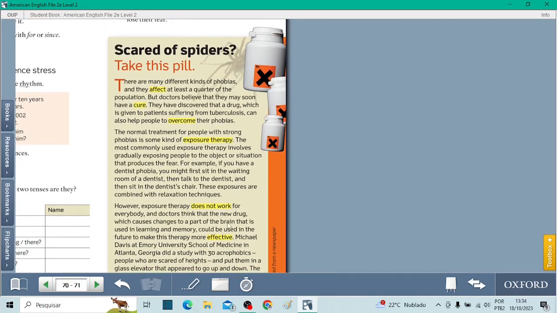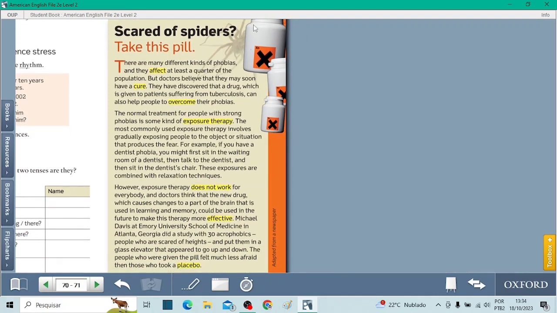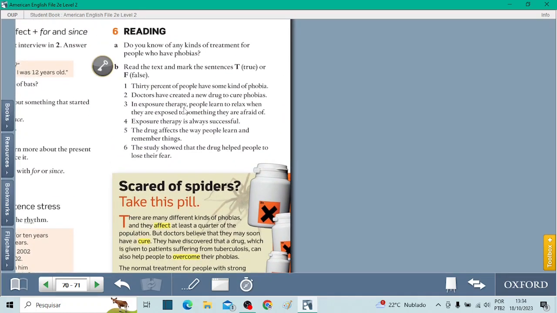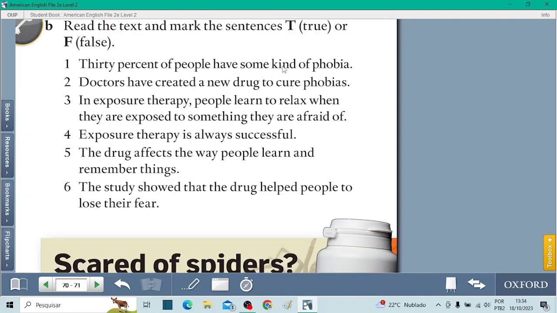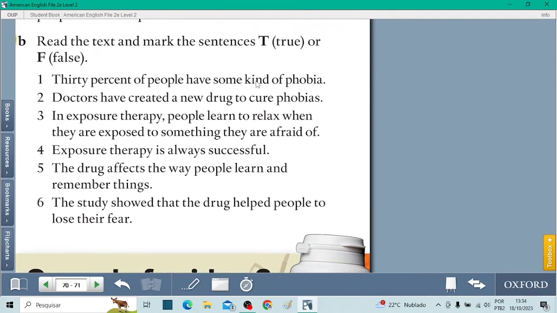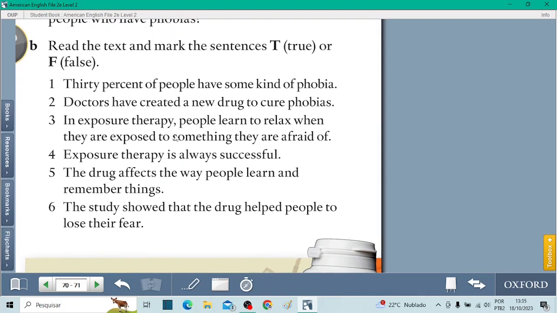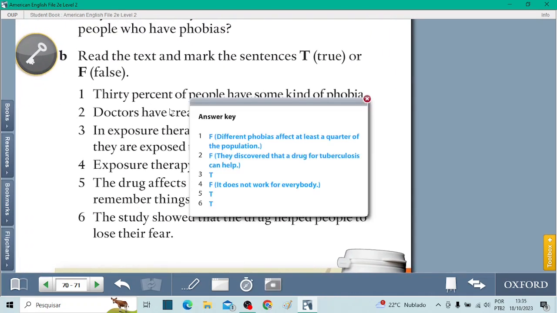Take this pill. It seems to be about a medicine that you can take to treat your phobias. All right. You are going to read it and then write true or false for the sentences. Pause the video and do it. All right, so let's then now check your answers.